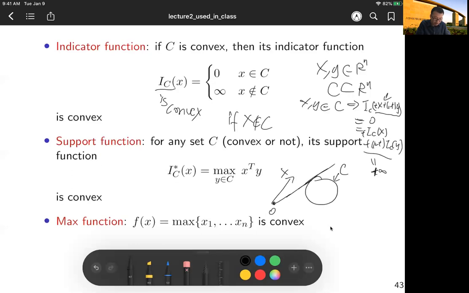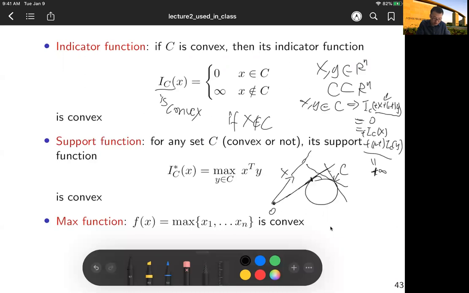It is tangent to this convex set right here, and then you basically enumerate all the possible directions here, and you find the one that maximizes the inner product of this x with this function.